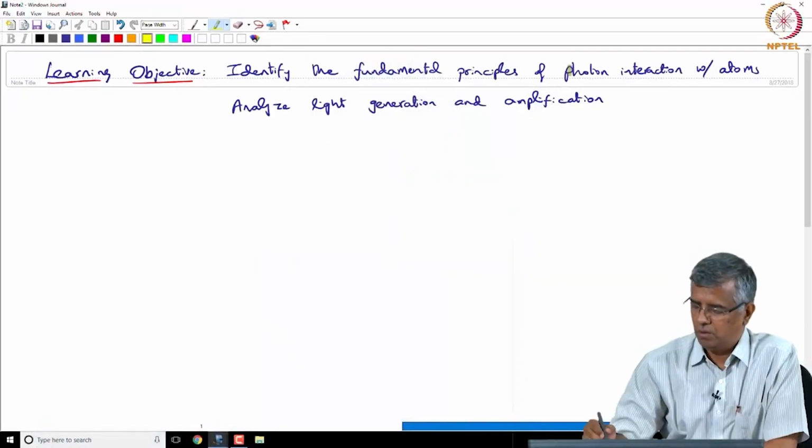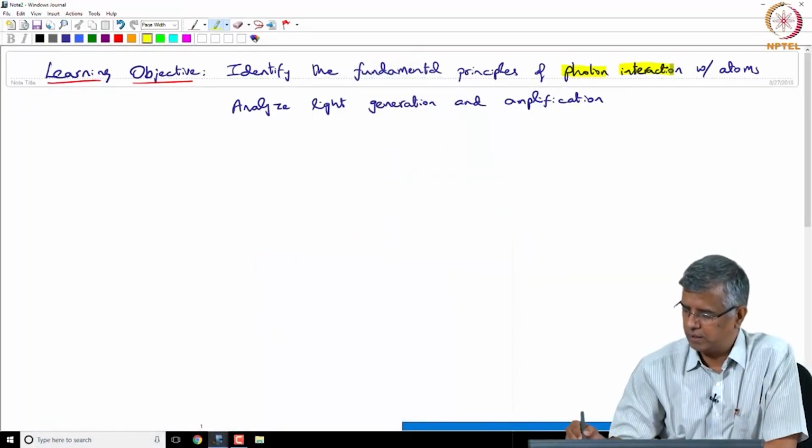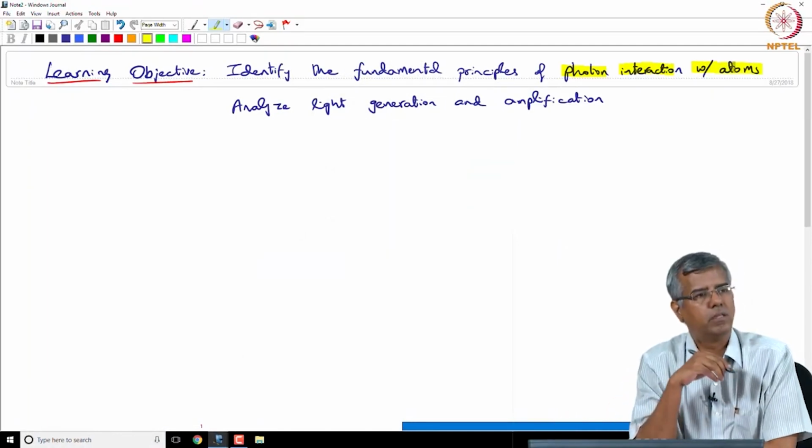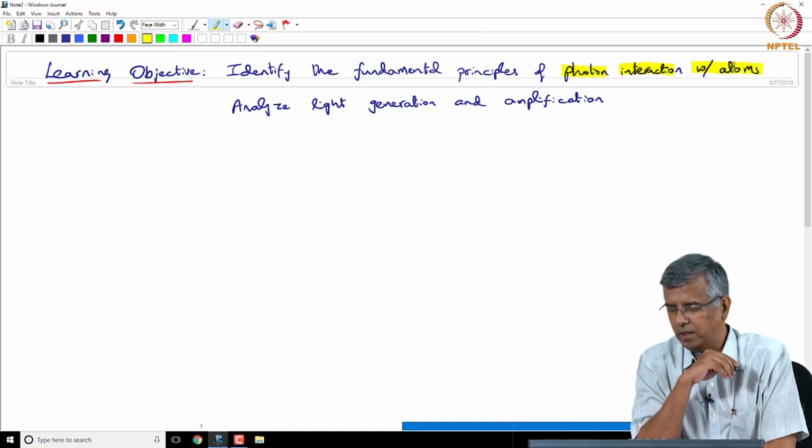For the next few weeks, we will identify the fundamental principles of photon interaction with atoms. We just started doing that, and we will go into more detail.